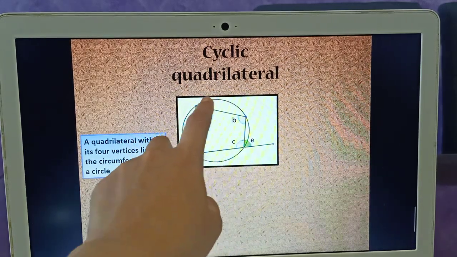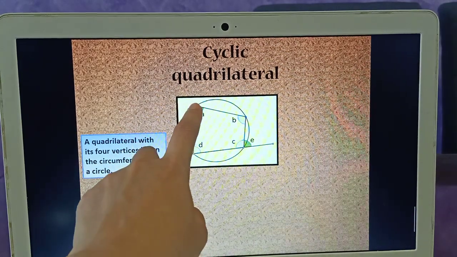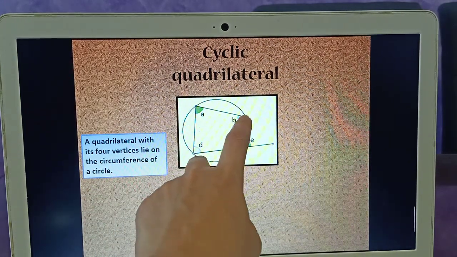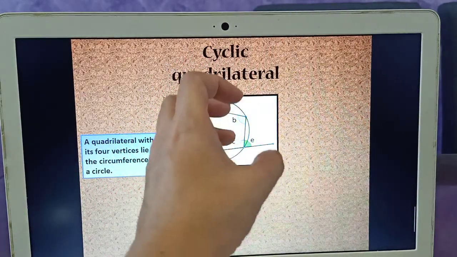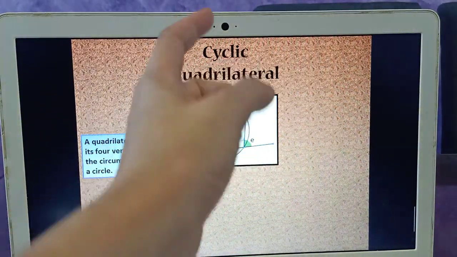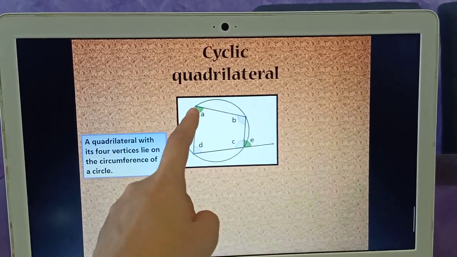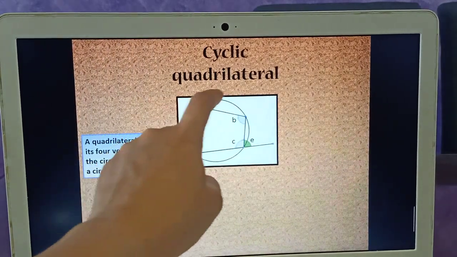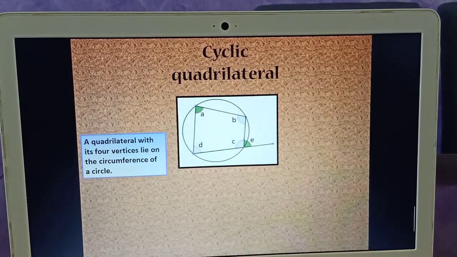So this is a cyclic quadrilateral. It's like you see a quadrilateral inside a circle, and the condition is its four vertices must lie on the circumference. If it is not, then we don't call it cyclic quadrilateral.